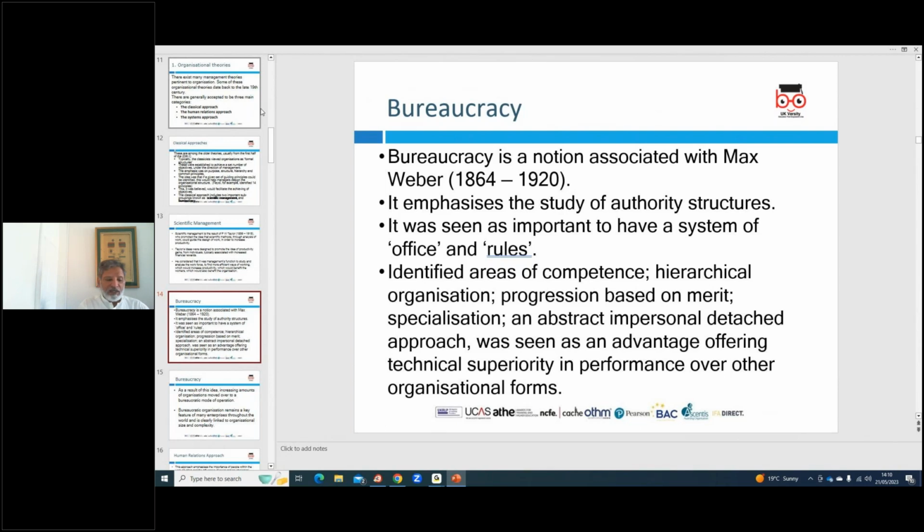In other words, these tasks were divided according to the rules. So therefore he gave it the name bureaucracy or bureaucratic control.